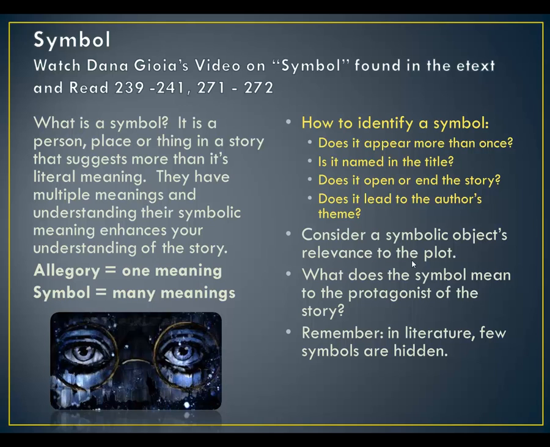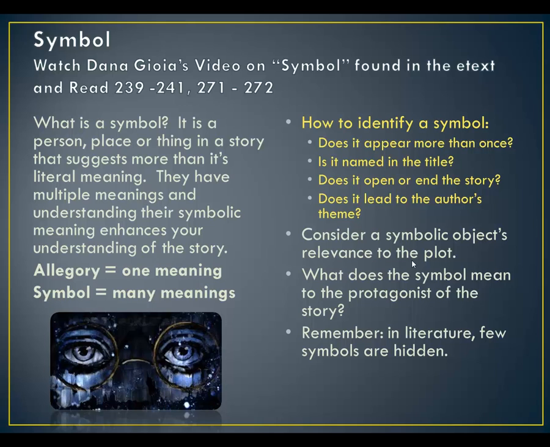Symbols have multiple meanings, and understanding their symbolic meaning really enhances your understanding of the story. Most excellent literature contains multiple layers of symbols. I have a picture at the bottom here of the eyes from The Great Gatsby, the billboard with these eyes that are watching over the characters.